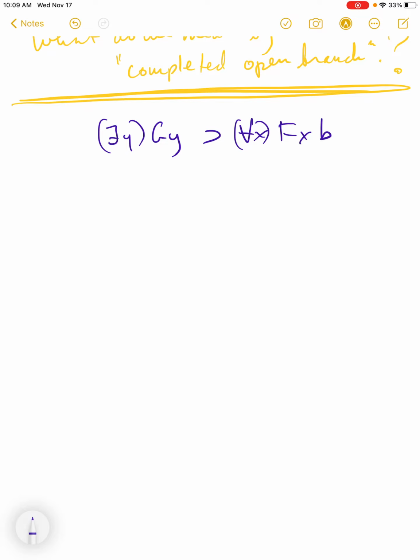And then the second sentence is there is at least one thing that fails to bear F to B. Okay. So if the set has these two members, is this set quantificationally consistent?